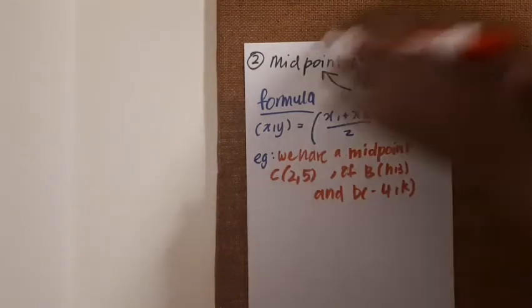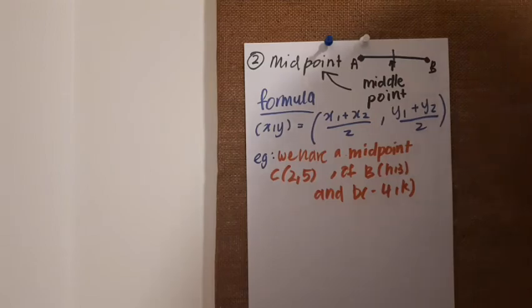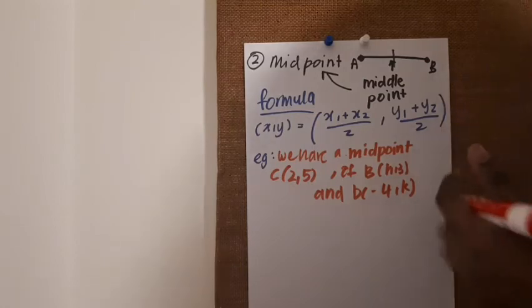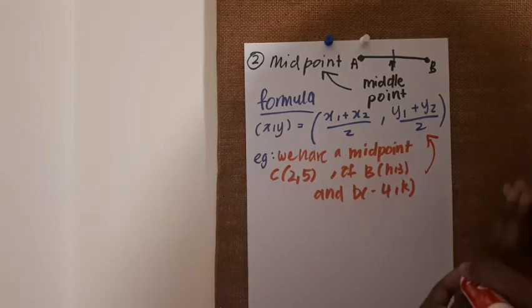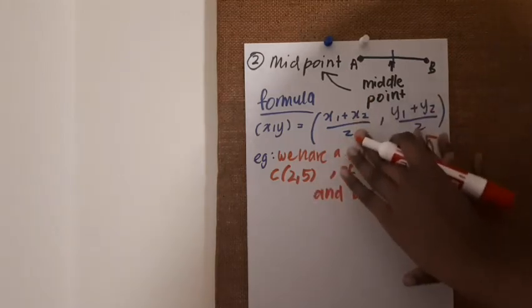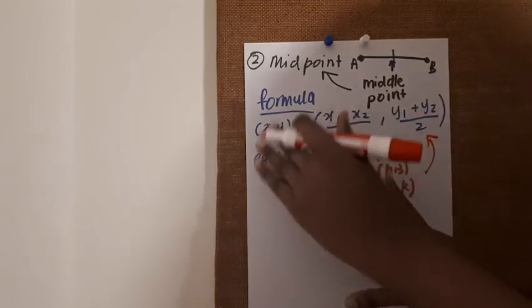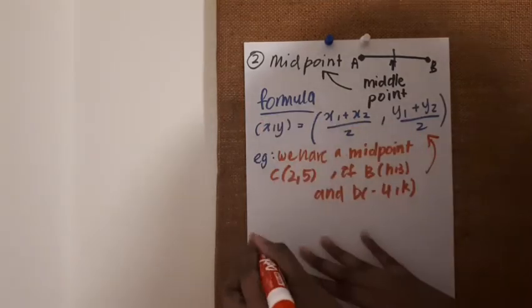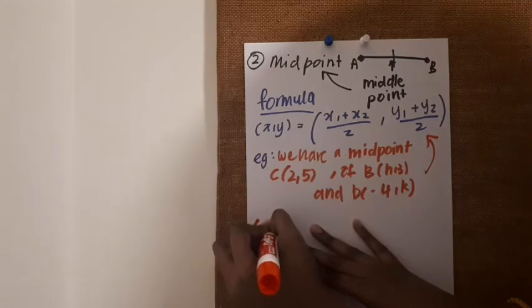How to find it? Always remember, if they are asking for an unknown, you don't have to panic. Just substitute everything into the formula, then you will automatically understand how to do it. We know that the midpoint is (2, 5), so put that in your formula.